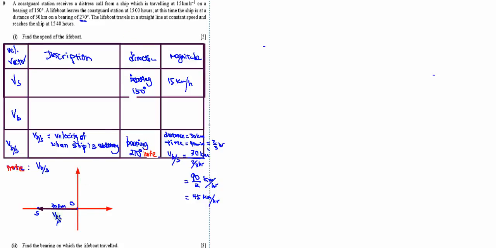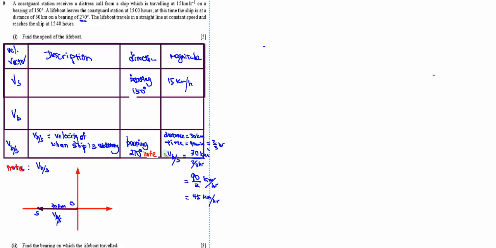That means when the ship is stationary, the boat will travel in this direction, 270, and reach the ship at 30 kilometers. Now, if this is the case, then the bearing of VBS will be 270.